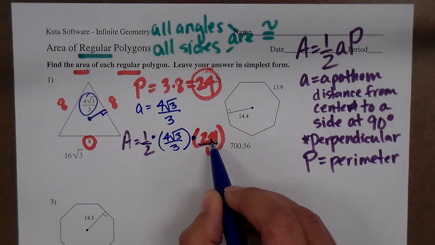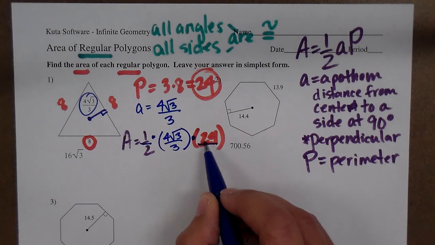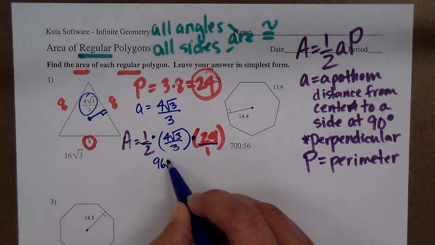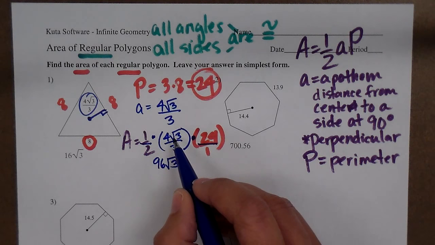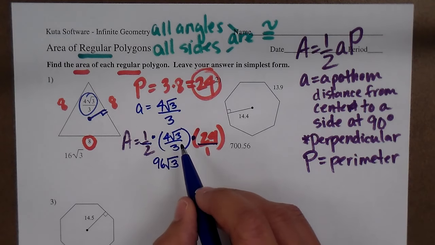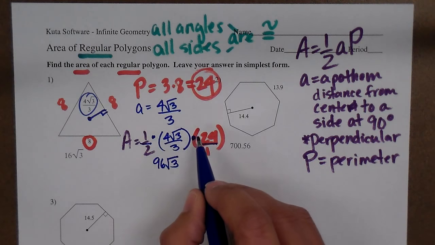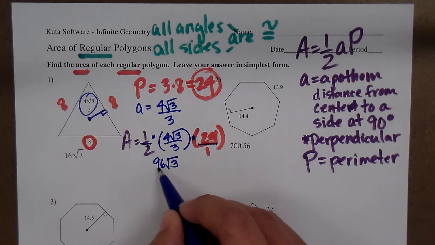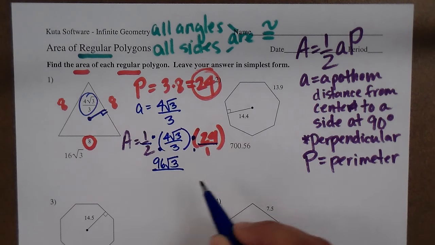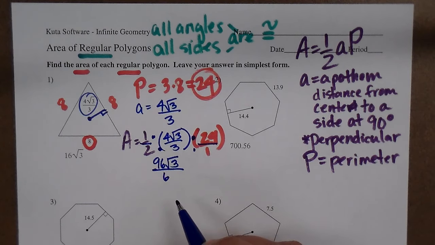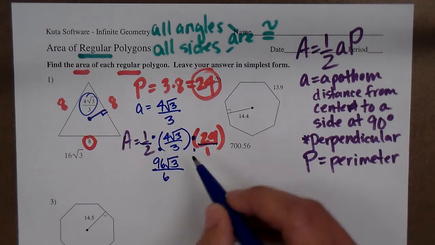4 times 24 is 96. So on the top I have 96, and then square root of 3 I can't multiply by anything, because remember, it's under the radical. You can't multiply outside the radical times inside. So the 1, the 4, and the 24 can all be multiplied. On the bottom, I have 2 times 3 times 1, which is 6, right?